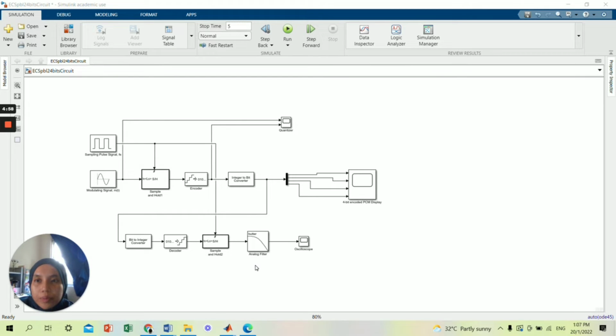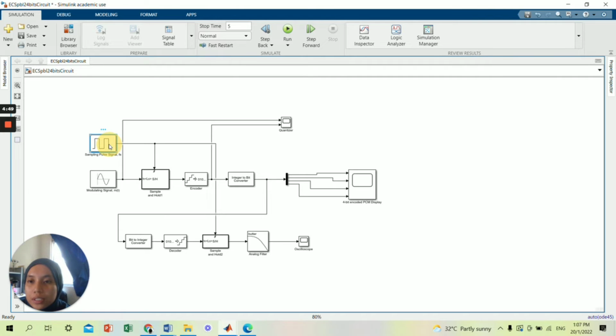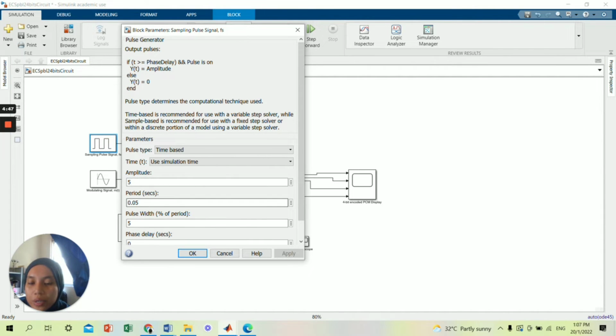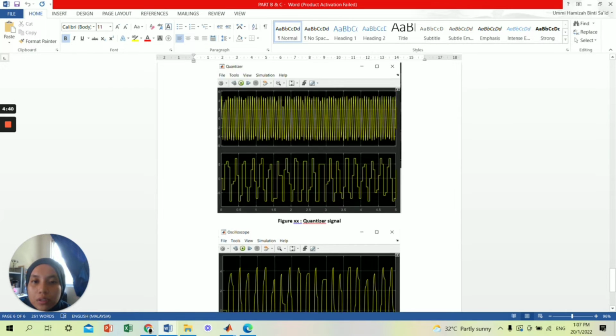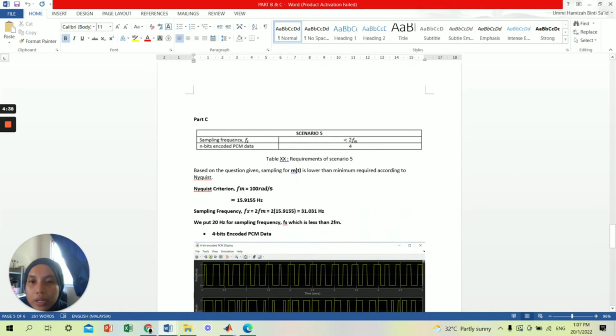Okay, so we proceed with the simulation for part C, which is also 4 bits. For the period, as you can see here, I have set it to 0.05 and pulse width equal to 5, according to the word file that we have calculated, where we put 20 Hz for the sampling frequency, which is less than 2 fm.